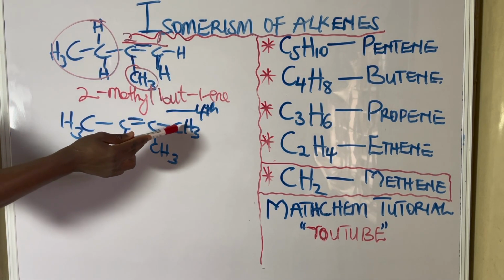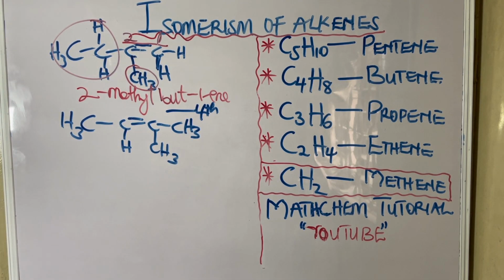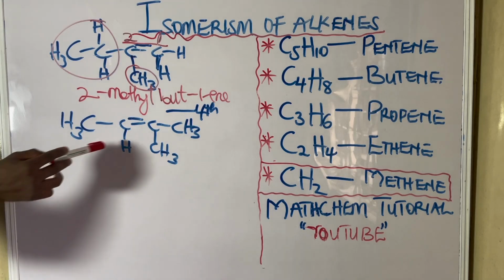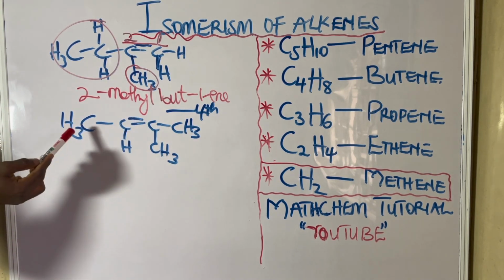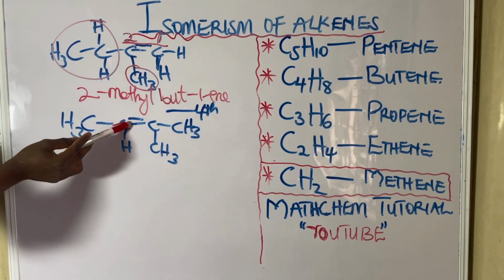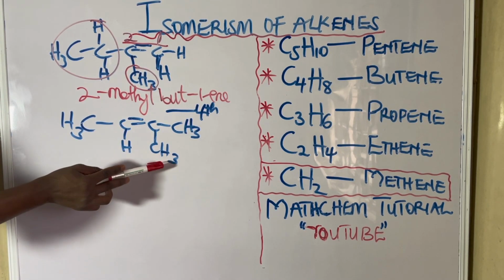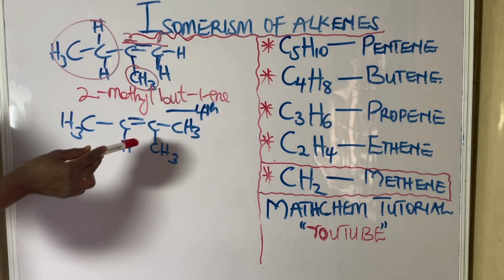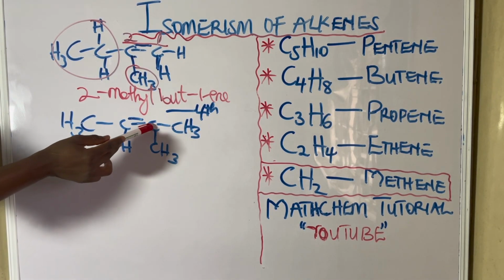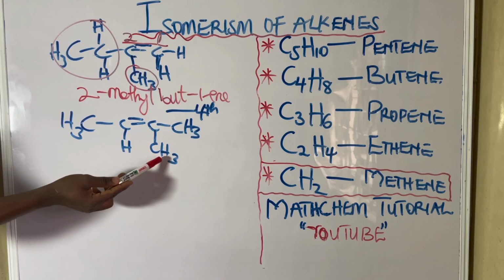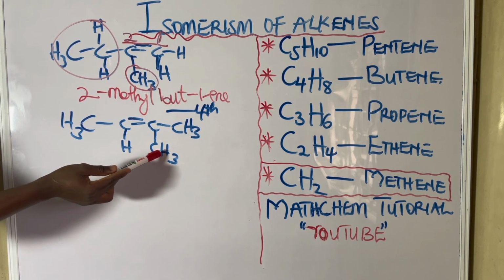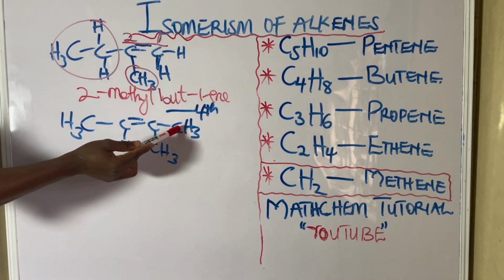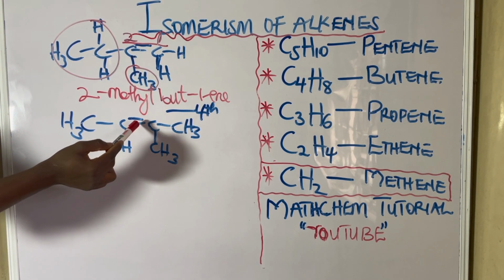If you also start from here, it is 1, 2. Okay, fine. Let's start from here, 1, 2. On position 3, you're going to have your methyl. But if you start from here as 1, 2, it's better for us to start from here because it's going to give this substituent a position closer to the first carbon and also to the functional group.